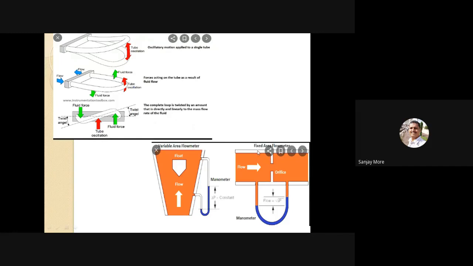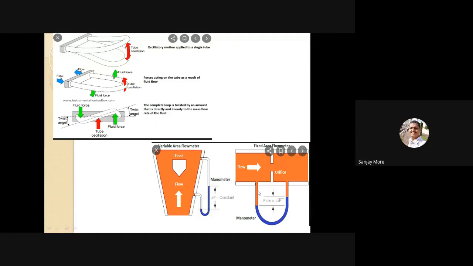And here is the fixed area flow meter. Here the area will differ. See this area and see this area: this is very small, and here the area is increased, enlarged. In the fixed area flow meter, continuous flow passes with the help of orifice plates fitted in this flow meter.